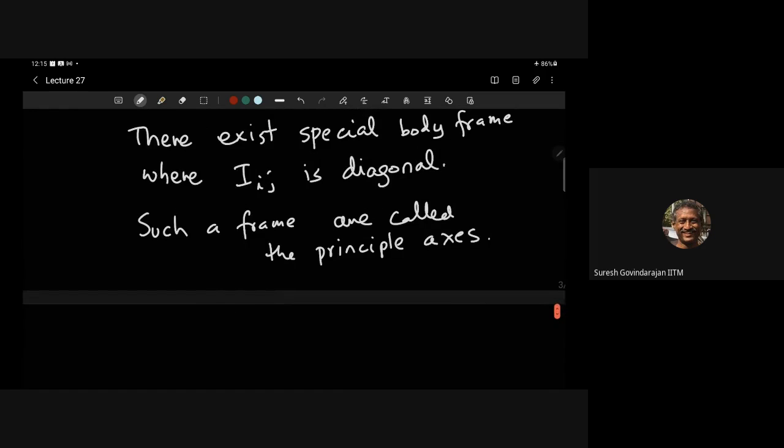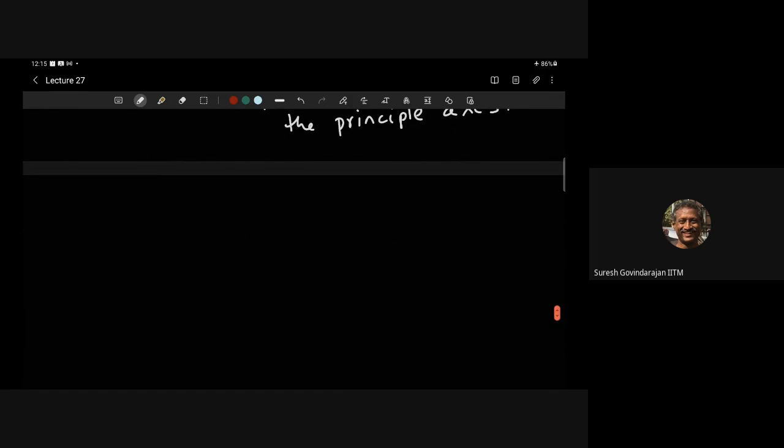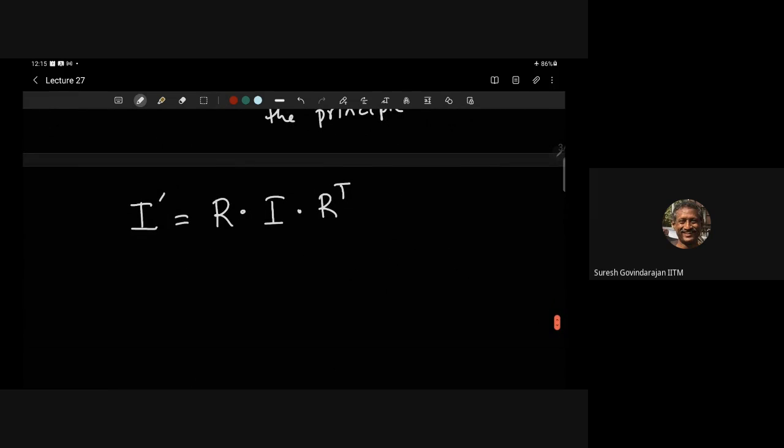And how do we see that such a frame is available? That's very easy. We saw that I_ij is a constant matrix, so let's call it I prime. The theorem we know is that there exists a special orthogonal matrix which will diagonalize I prime. Geometrically, what does this mean?